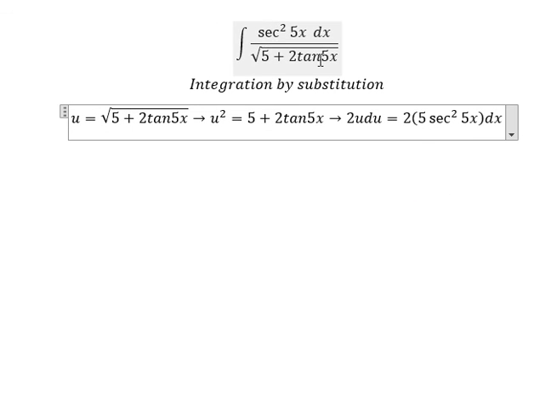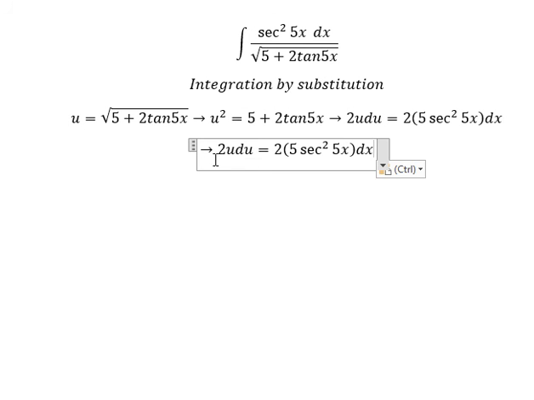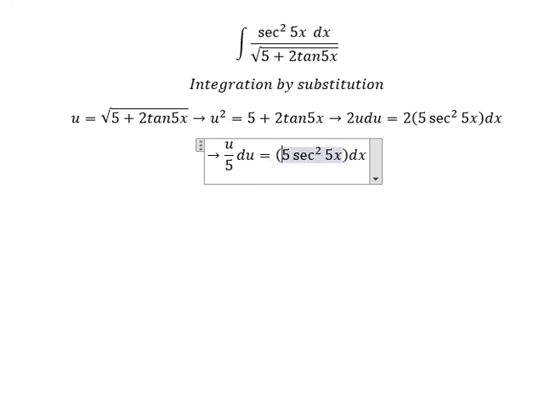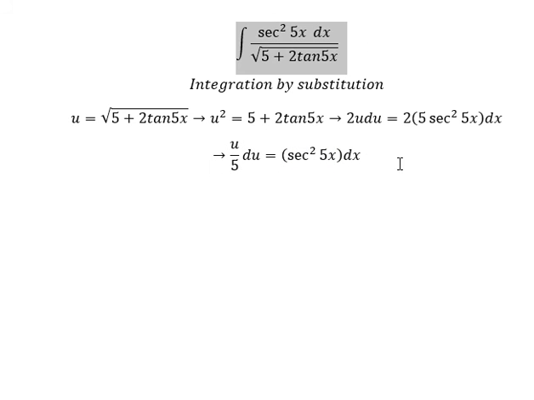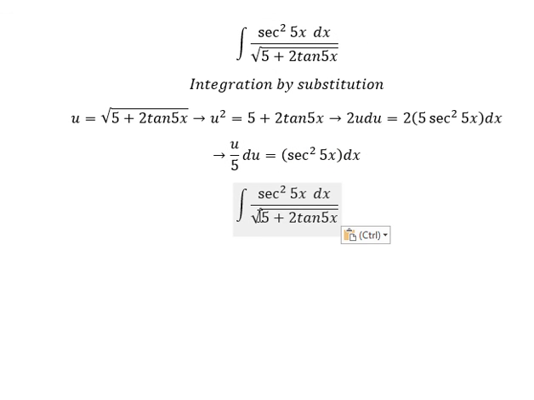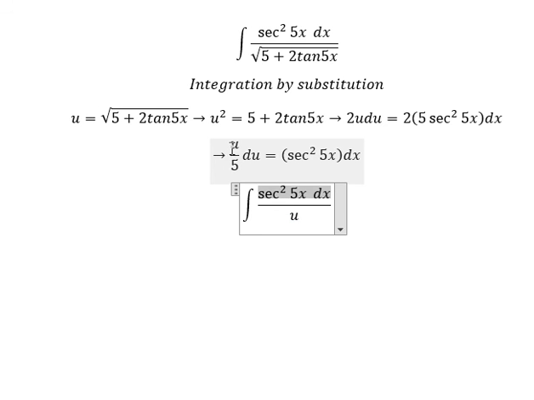Because we don't have number 2 and number 5, we need to divide both sides by number 10. So this one we change to u, and this one we change to u over 5 du.